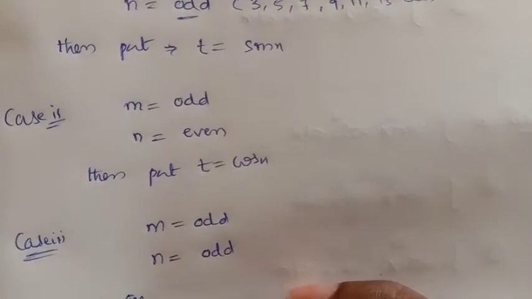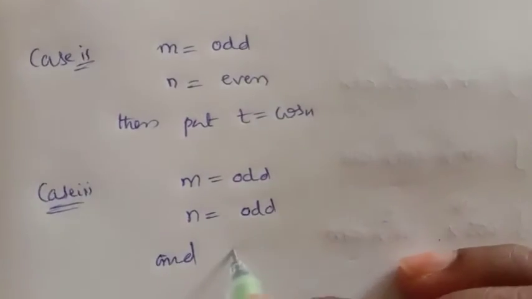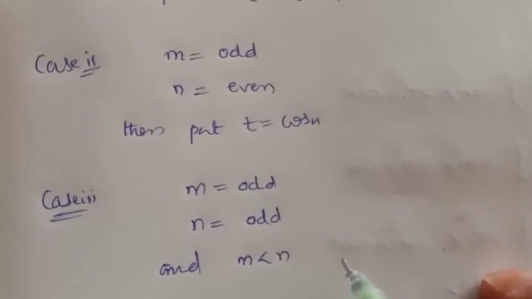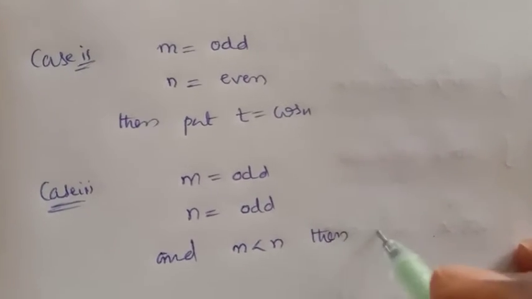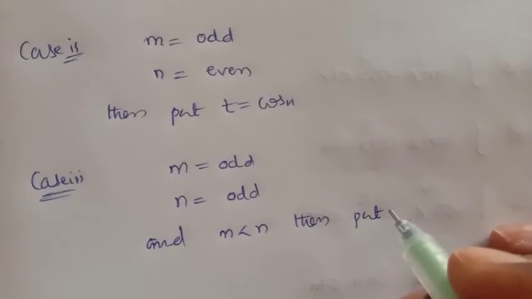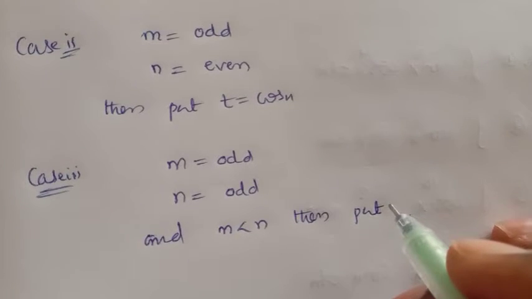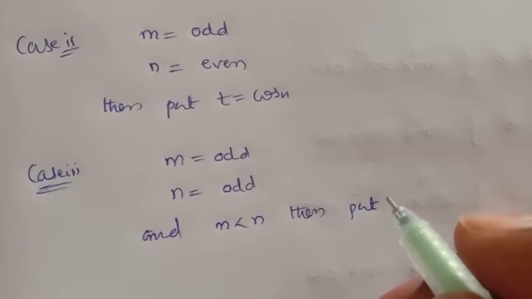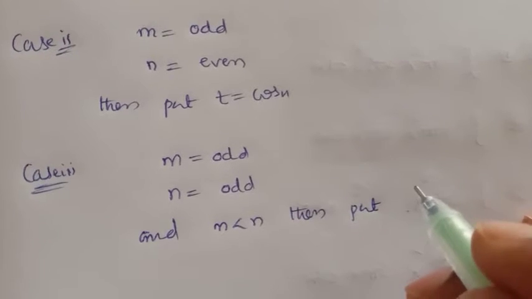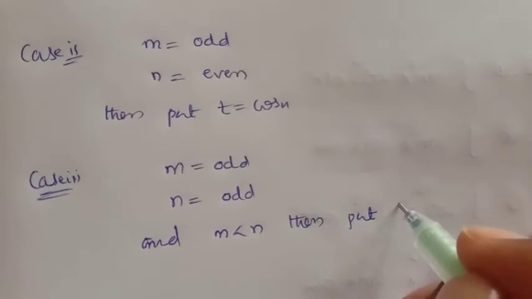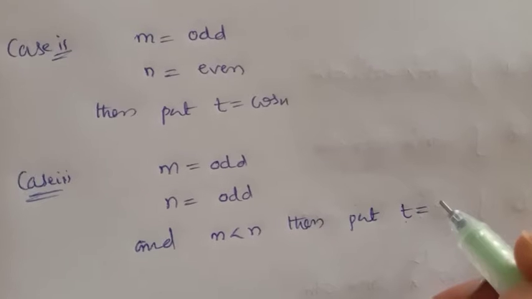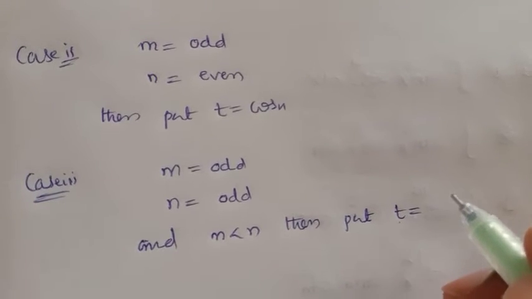And second condition here, m less than n. Then put t equal to cos x.